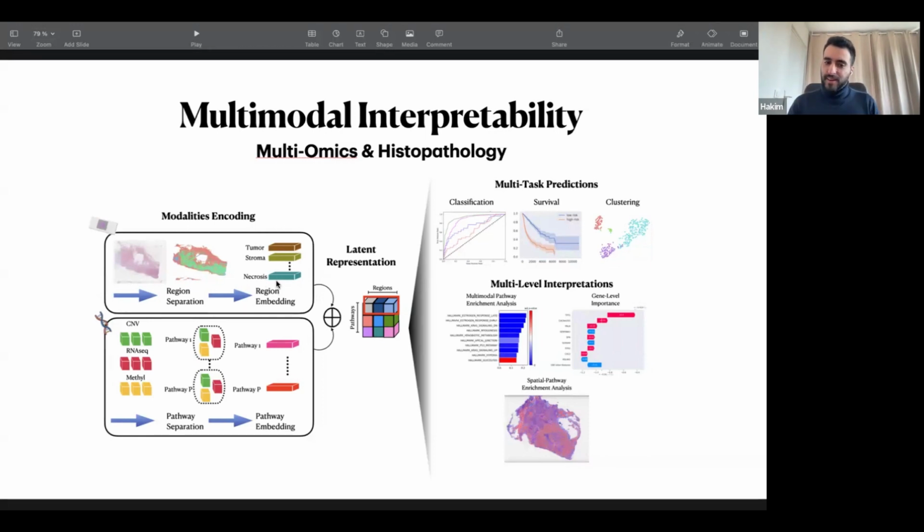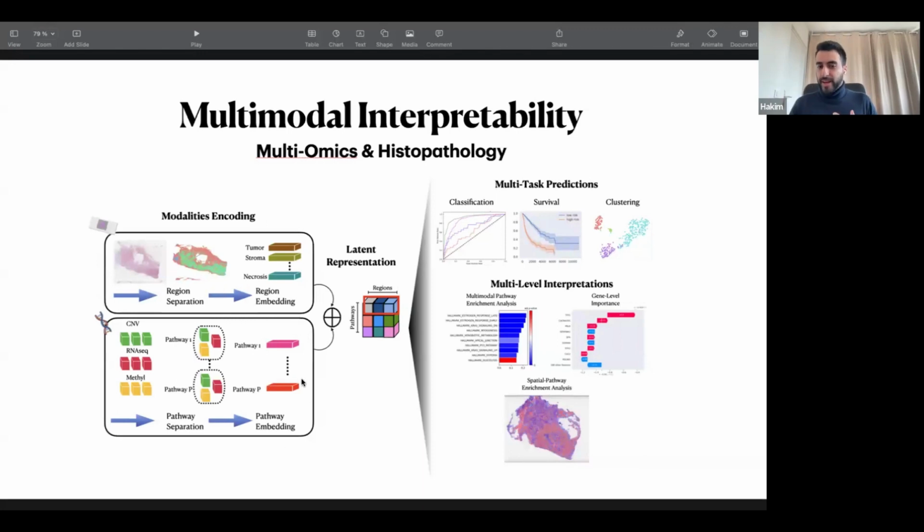Then the same thing is done for the omics data. We take different gene sets like pathways, and we divide our input data into different pathways to generate an embedding for each type of pathway. Those embeddings are performed with the first generation CustOmics to build a robust multi-omics representation for each type of pathway.